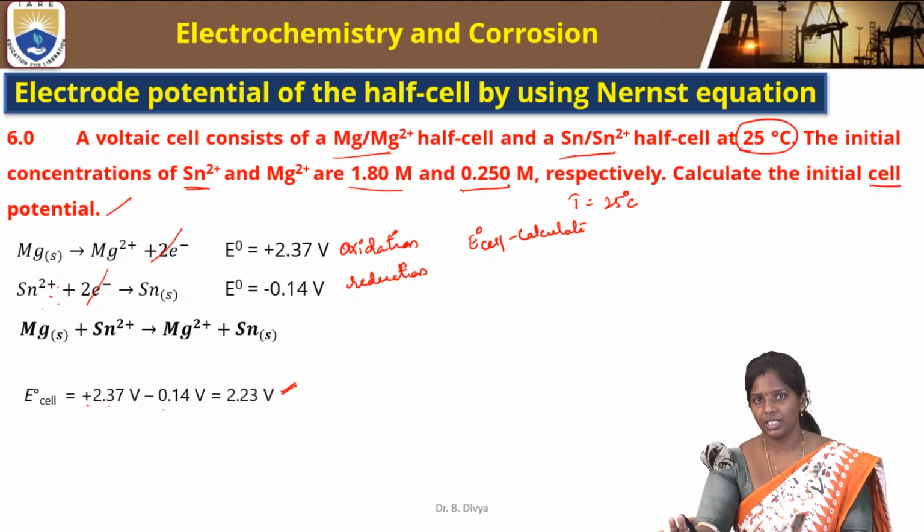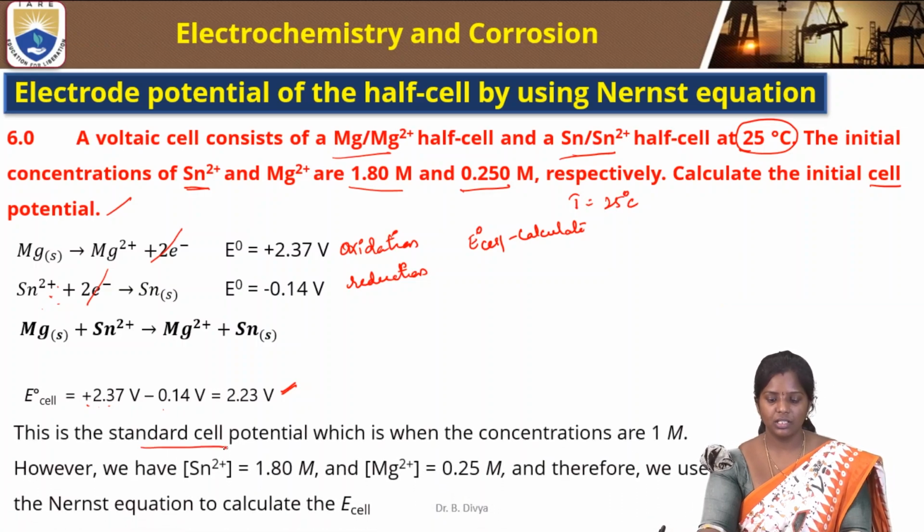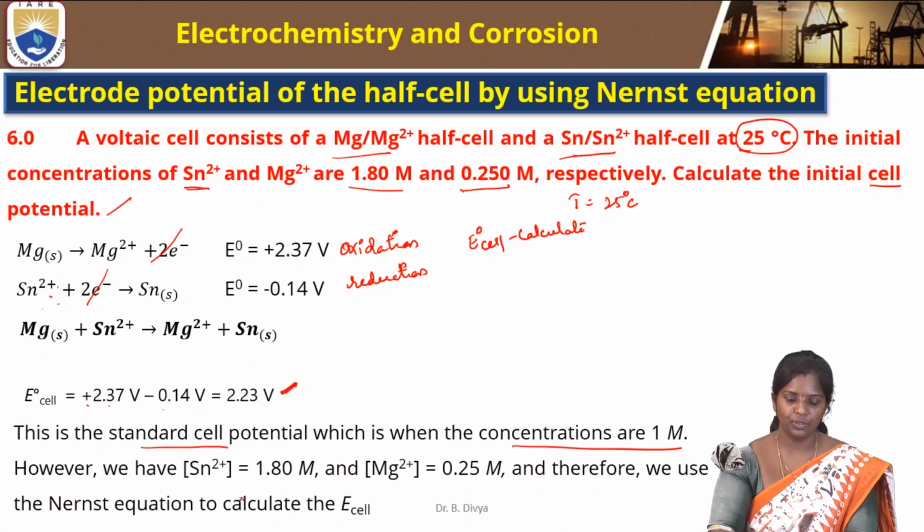So after calculating the EMF at standard condition, E cell naught, we will substitute the values. This is the standard cell potential, which is when the concentrations are 1 molar.